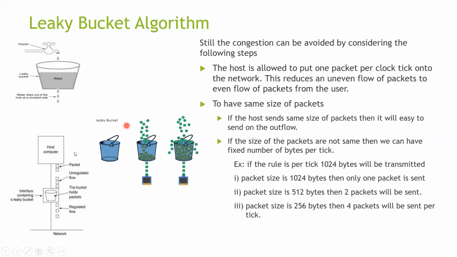By doing so, we are reducing the uneven flow. Here there is uneven flow: 2 packets, 3 packets, 5 packets. That uneven flow we can convert to an even flow from the host itself. An even number of packets will flow by considering it in the form of a clock.